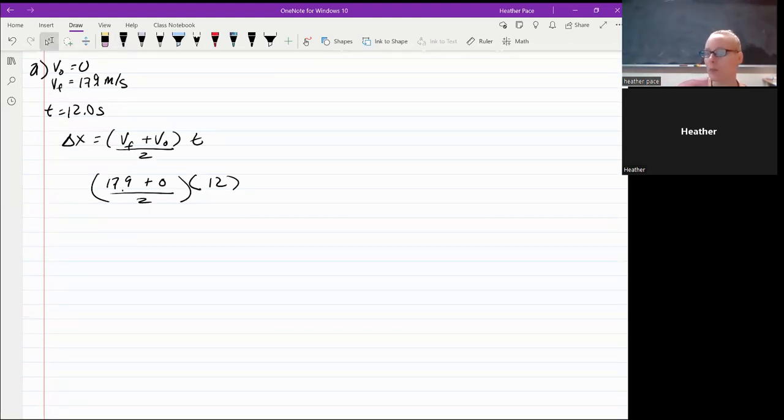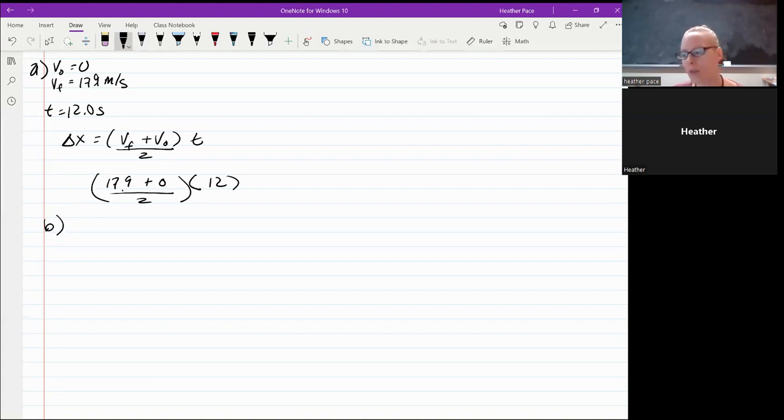So now B asks us for acceleration. In our kinematic equations, there are a number of kinematic equations that we can just plug these numbers into to find A. But when we're solving physics problems, it is best to use an equation where we have knowns that are exact.